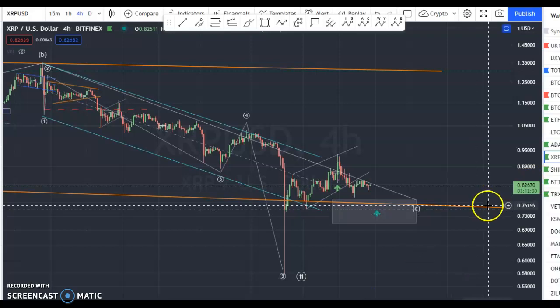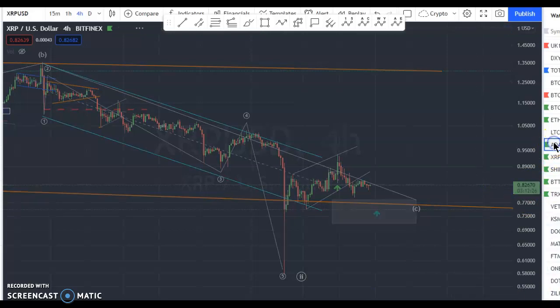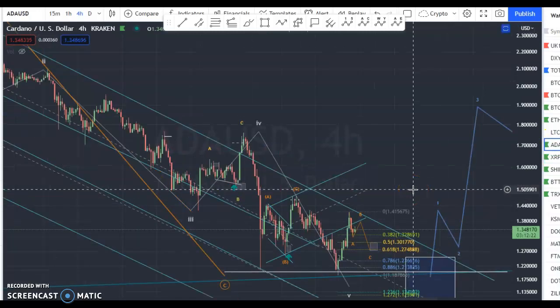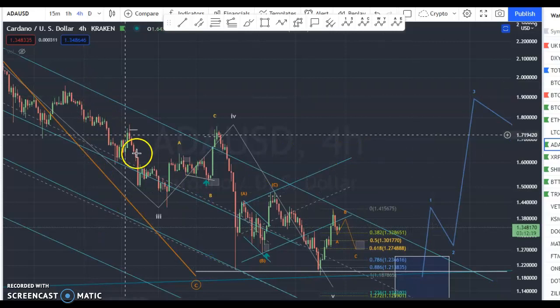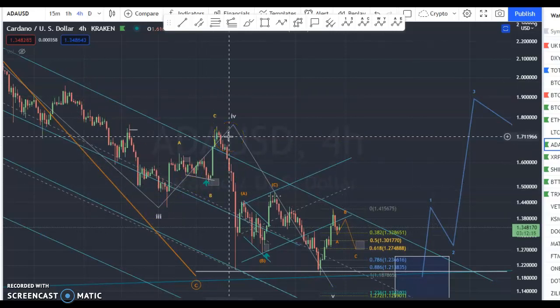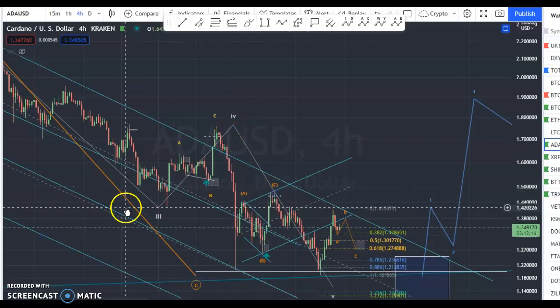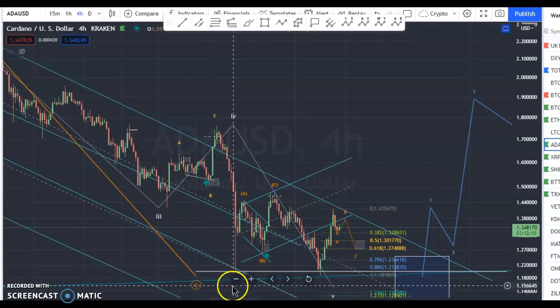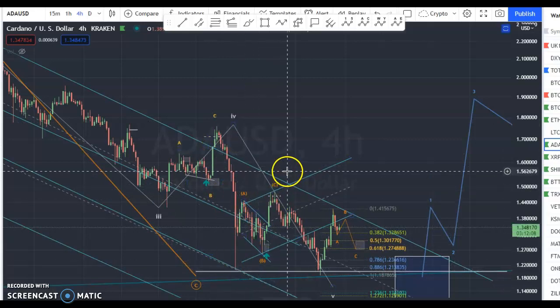I'll quickly look at the ADA. ADA I quite enjoyed the last few weeks. It's been good. On the way down over here, the ABC, I bought down here and I closed up there, so a little profit, hoping this was going to be the low. Same thing happened again, came very hard down with everything else and made a nice 3-wave ABC structure.